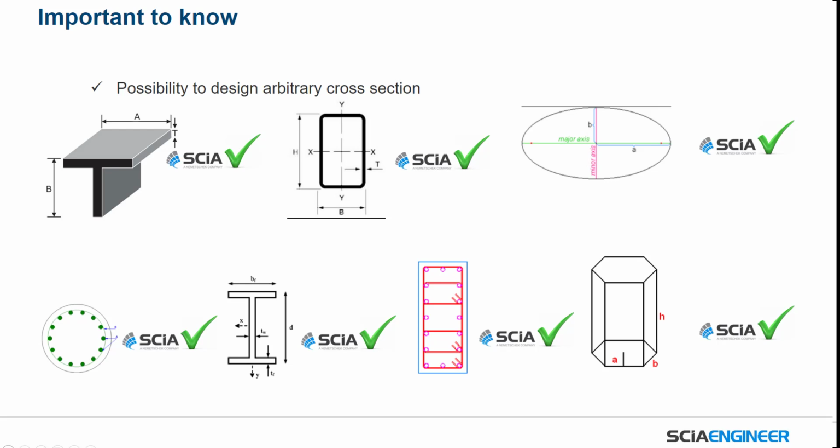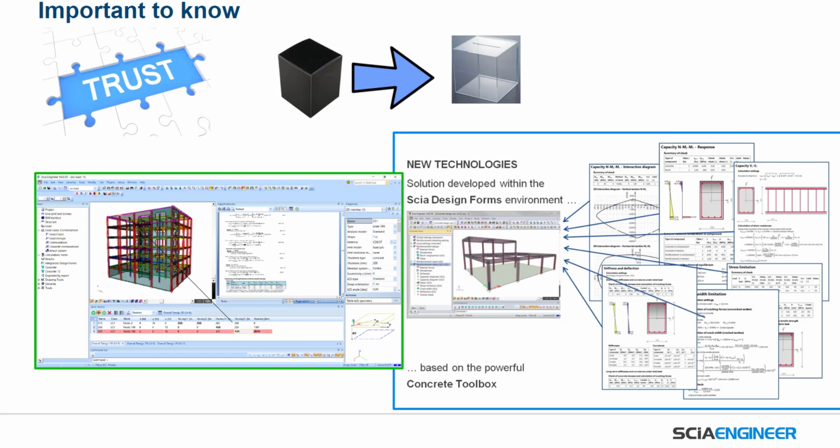Remember, you can design any kind of cross section, no matter how it looks, as long as you can model it in SCIA Engineer, as long as you can calculate the reinforcement for it. The transparency of the software should be very easy now and very clear for you to understand what's going on inside the software, so we don't have a black box anymore.